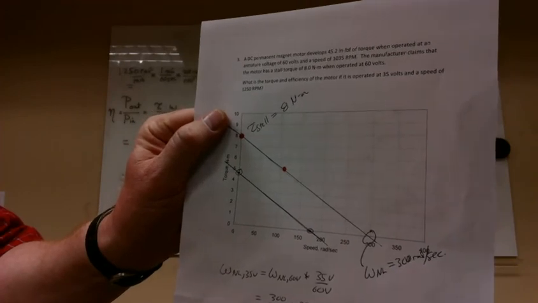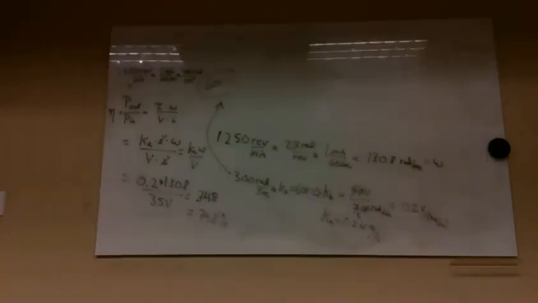Now, if I want to know what the torque is at 131 radians per second, 130.8 if you will, I'm going to say it's about equal to 1.1 newton meters. That's my guesstimate.